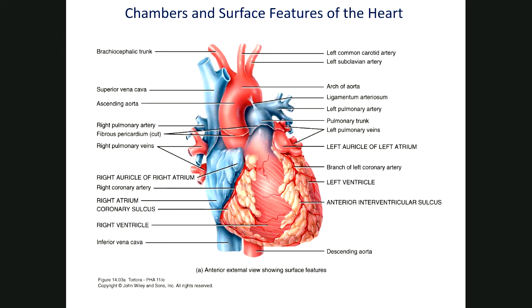Right atrium, right ventricle, left ventricle, and left atrium are the 4 chambers of the heart. So this is the atrium. Here is the left ventricle. This is the right ventricle and the right atrium.